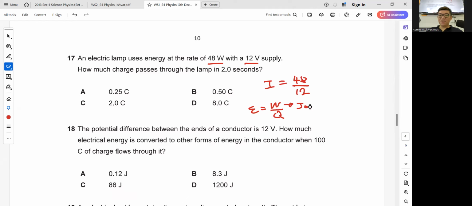It's in joules. That's 48 watts. You can, however, use 48 times 2 times 160. If you want to use that, this should be the right way. Oh, no need to times 160 because it's in seconds. Times 2 then. And then your E should be 12 volts.